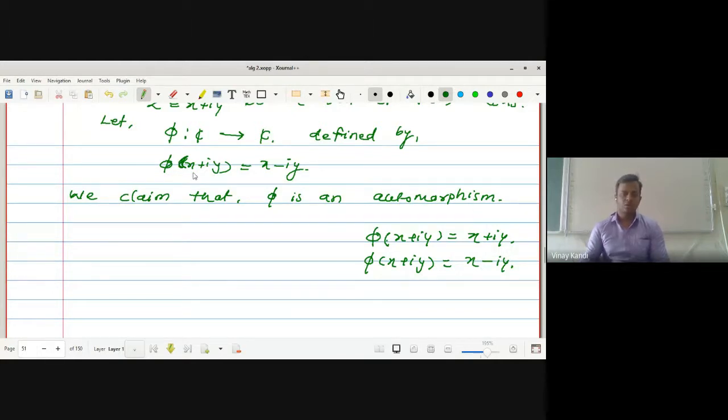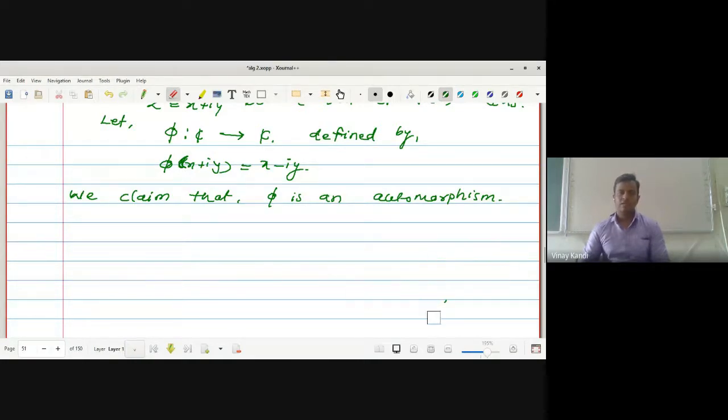So on the set of complex number we can define two automorphisms, but on the set of real number we define only one automorphism.